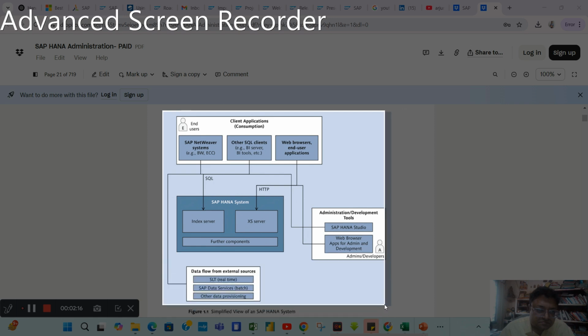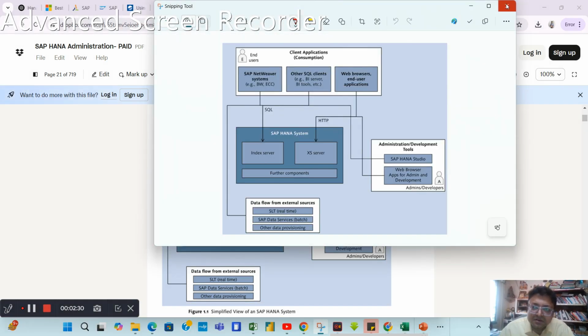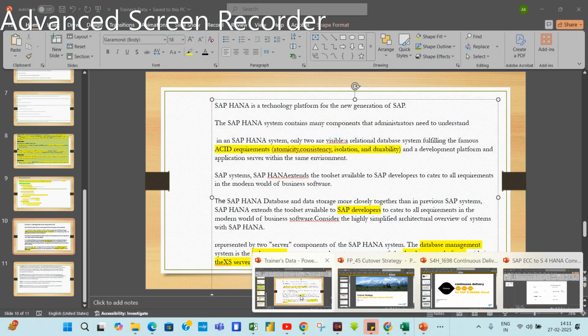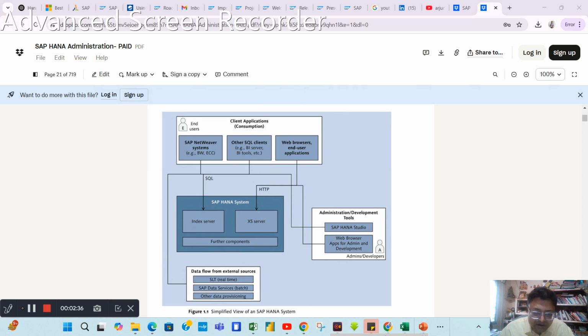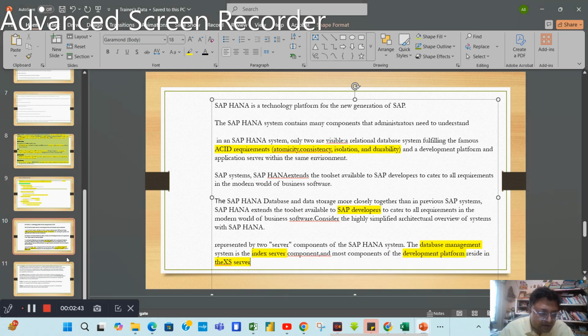This is a simplified view of the HANA system. Let us put it into our PowerPoint.